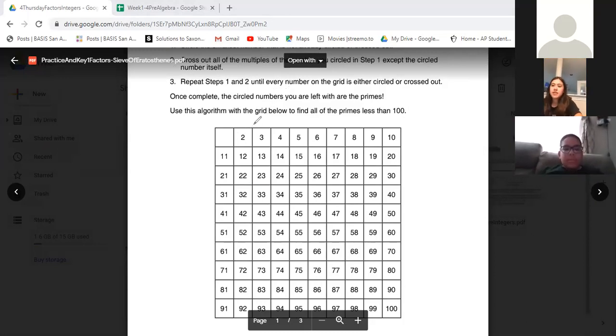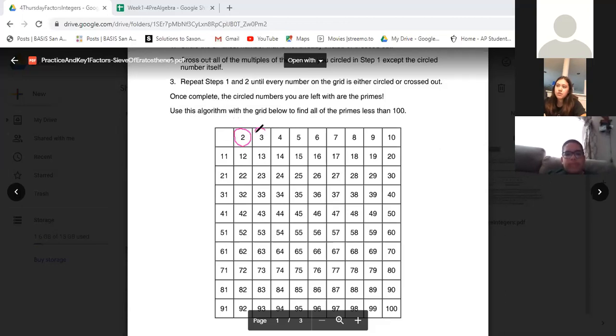Okay, so basically you want to circle this number, right? And then cross out factors of the number that aren't the number itself. So the only factors of 2 are 1 and 2. There is not really a 1, because it's neither prime or composite, right? So we'd circle 2.